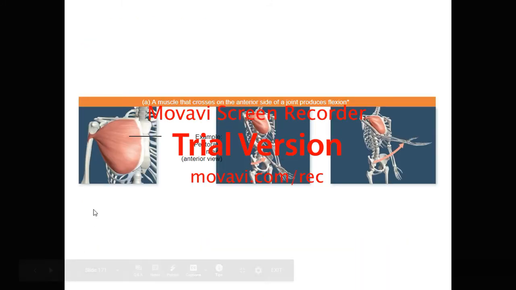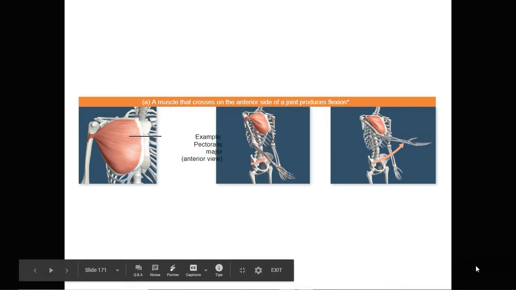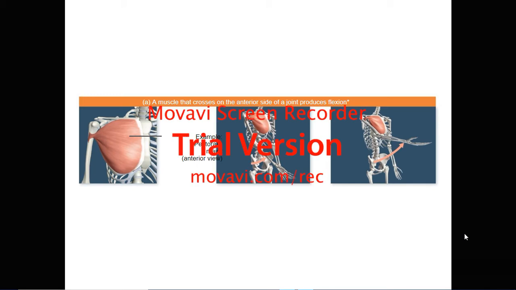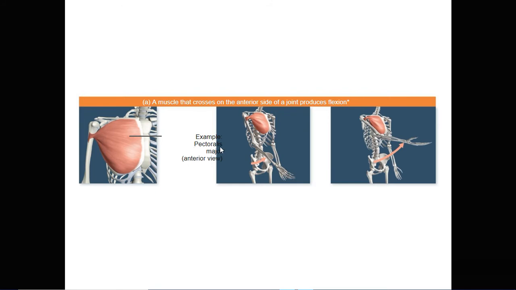All right, so this figure shows you an example of muscles that cross a joint. Muscles that cross on the anterior side of a joint produce flexion. For instance, this pectoralis major, you see in this anterior view, is producing flexion.